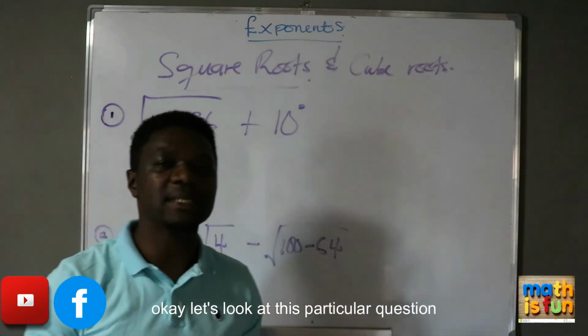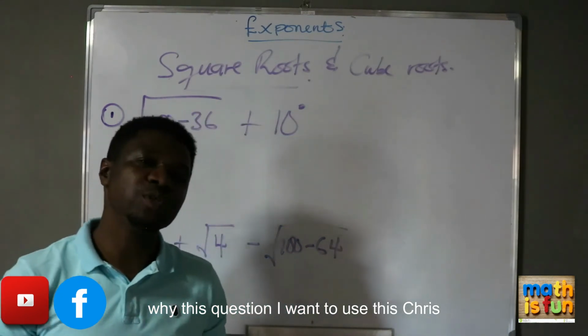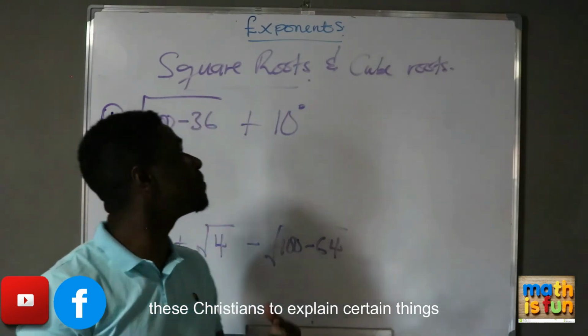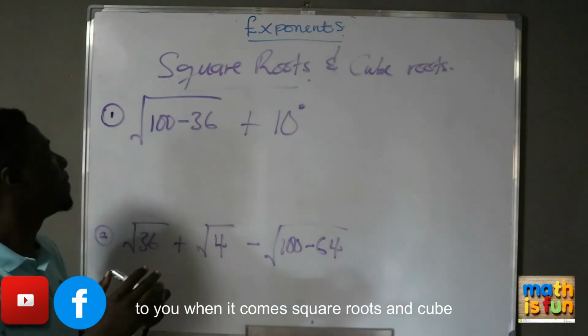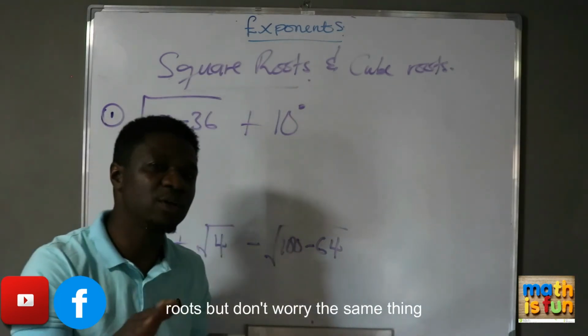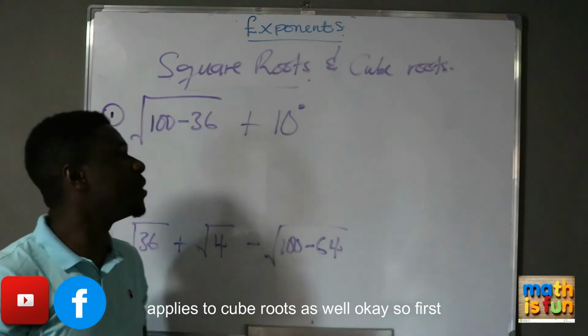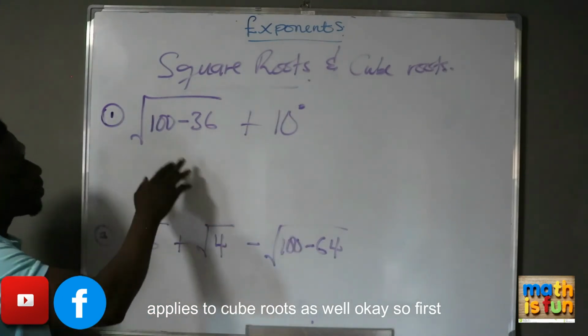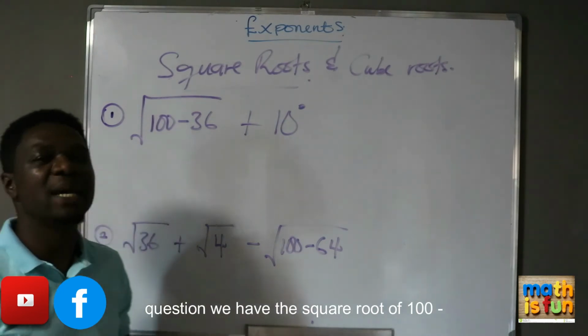Okay, let's look at this particular question. I want to use these questions to explain certain things to you when it comes to square roots and cube roots. All our questions are based on square roots, but don't worry, the same thing applies to cube roots as well. So in the first question, we have the square root of 100 minus 36.